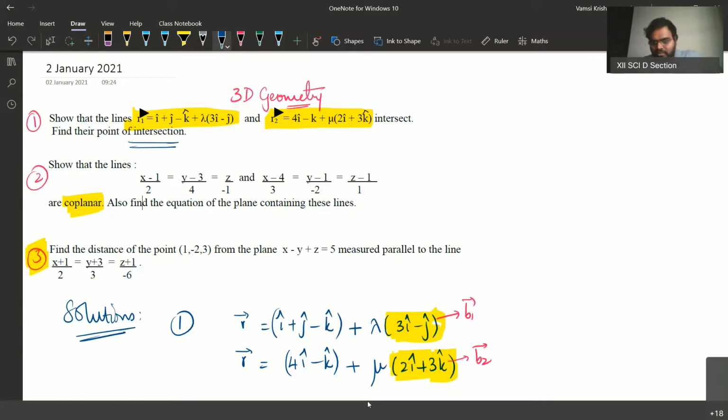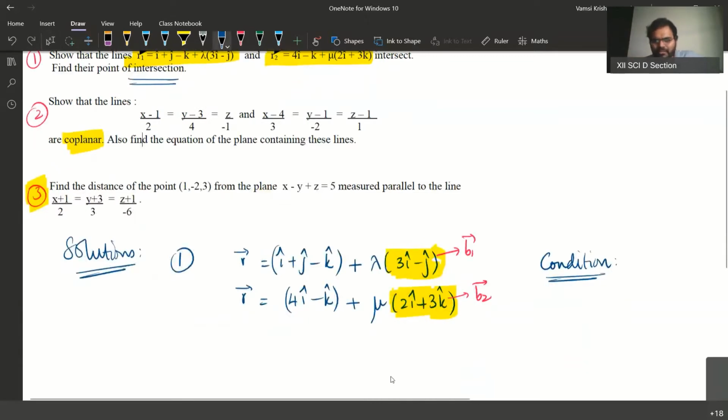So if you ask me what the condition for two lines to intersect is, can someone recall the numerator of the skew lines formula? Distance between two skew lines is 0. Can someone recall that formula, students?